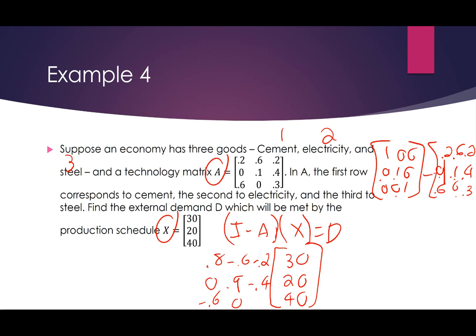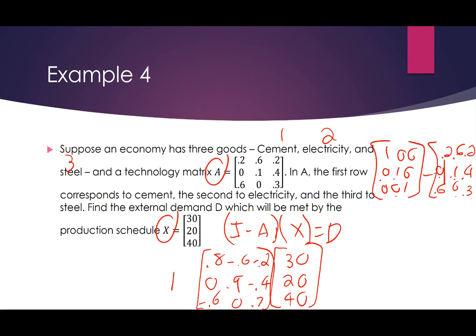And 1 minus 0.3 would be 0.7. You could probably do that in the calculator, but I think you guys know how to subtract. It's probably pretty easy to do that, in my opinion, but it's all good.